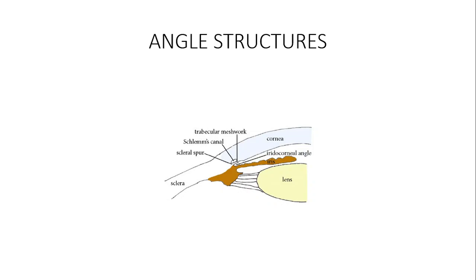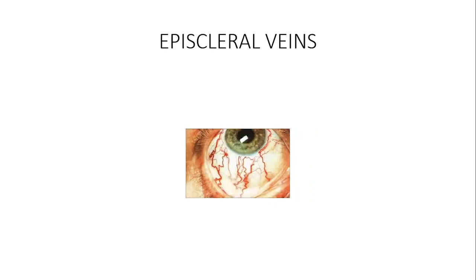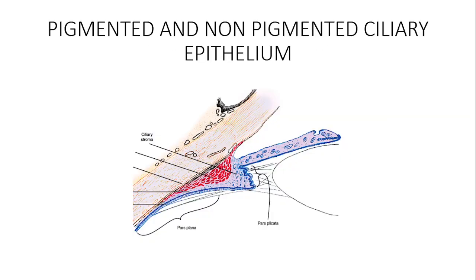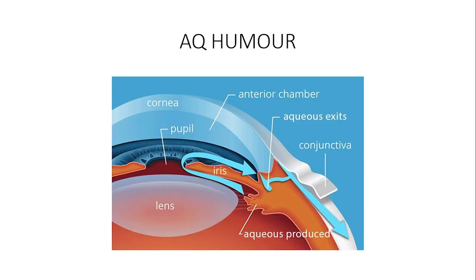Apart from maintaining nutrition of the avascular structures in the eye, it maintains the volume, structure and shape of the eyeball. And it has an optical property, because about 99.9% is water and it is so transparent that it is able to focus and transmit light onto the retina, thereby contributing to visual acuity.